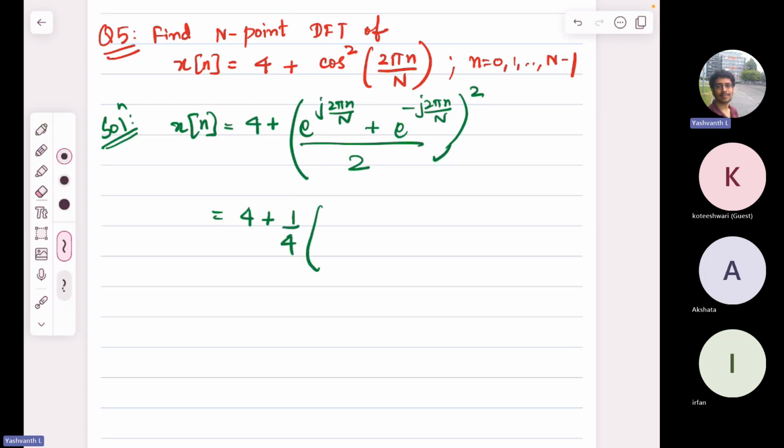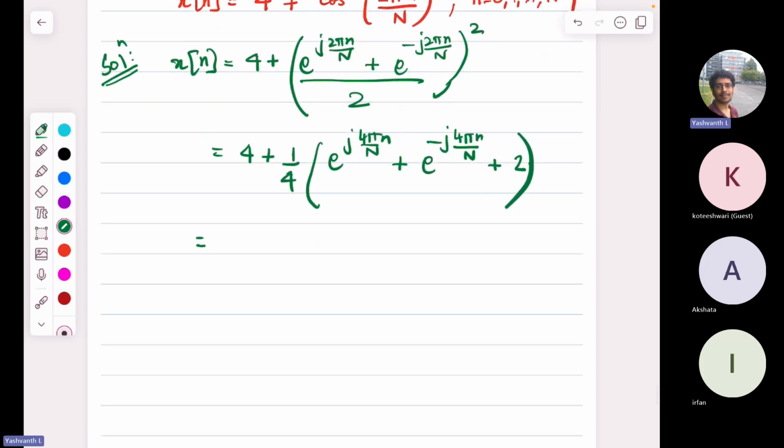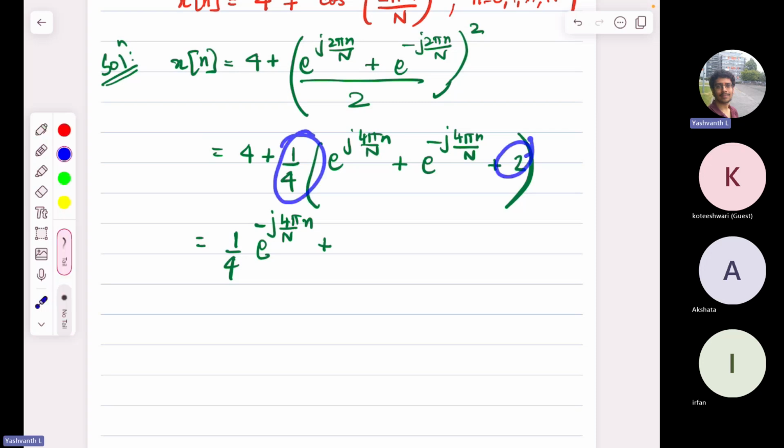Which is nothing but 4 plus 1 by 4 into e power j 4 pi n by N plus e power minus j 4 pi n by N plus 2 into e power j 2 pi n by N into e power minus j 2 pi n by N, both will cancel, so it's just 2. So this is 1 by 4 e power minus j 4 pi n by N plus 4 plus half, since 1 by 4 into 2 is basically half.